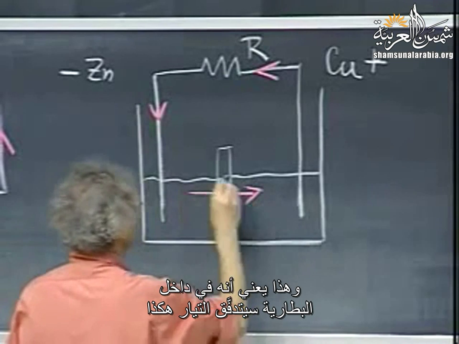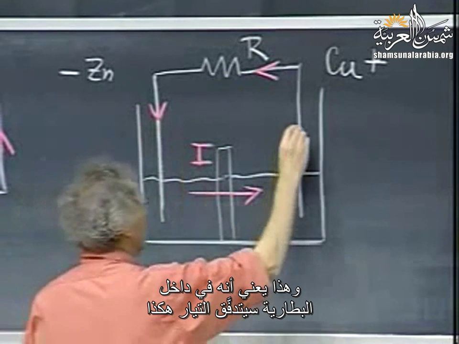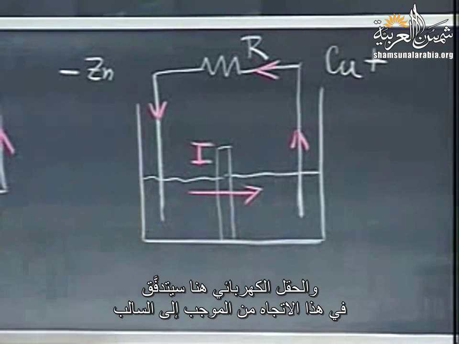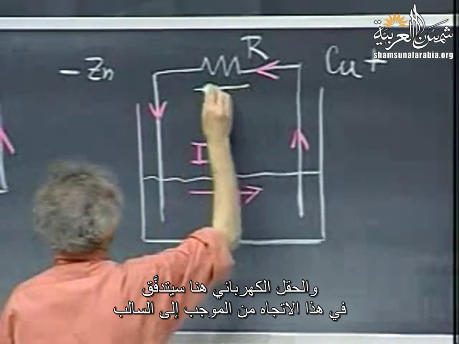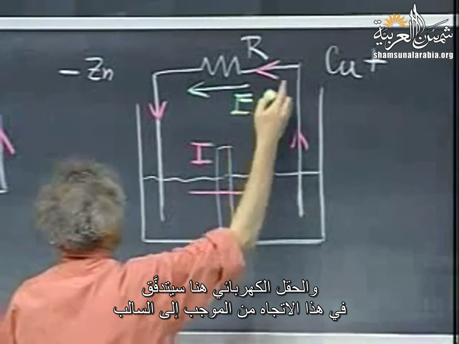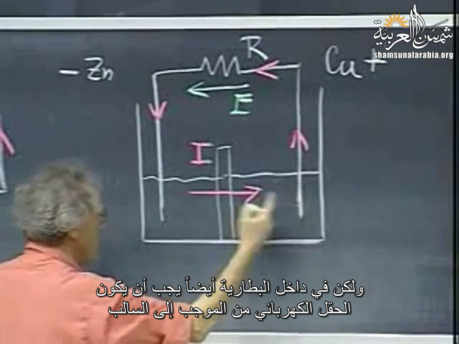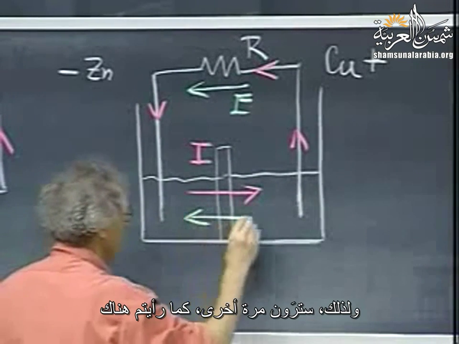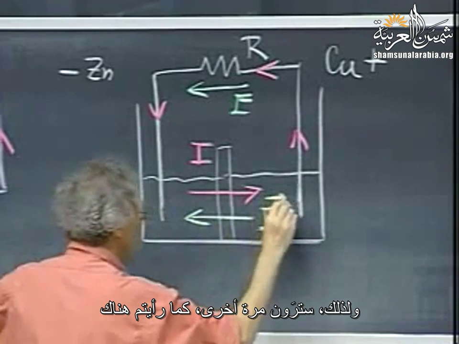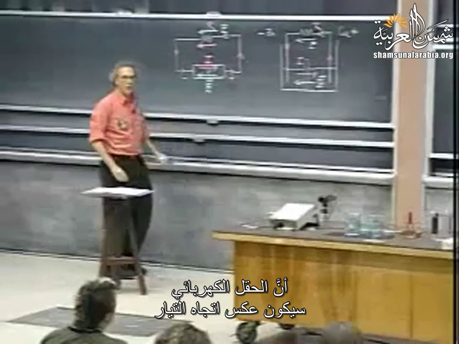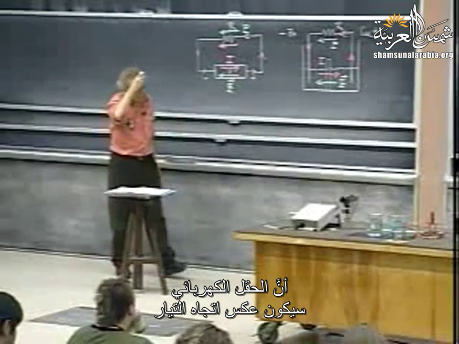That means inside the battery the current is flowing like this. And the electric field here is in this direction, from plus to minus, but also inside the battery, the electric field must be from plus to minus. So you see again, as we saw here, that the electric field is in the opposite direction of the current.